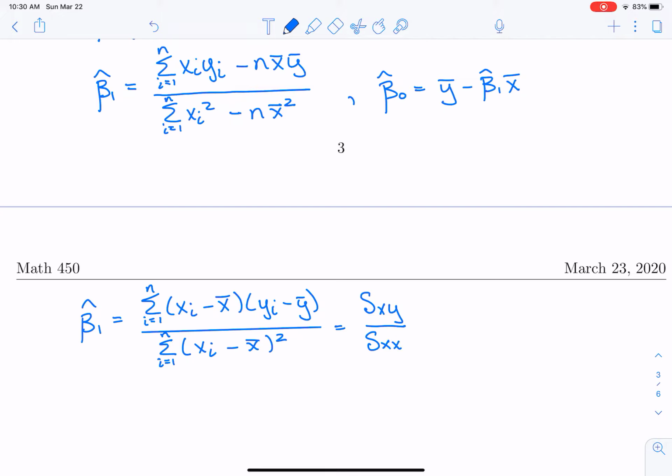And so the denominator and the numerator now look a little bit more like terms that we've seen before. In fact, that numerator is actually n minus 1 times, I'll use now a lowercase s of xy. Okay, that's supposed to be squared, actually. And that's supposed to be the sample covariance.